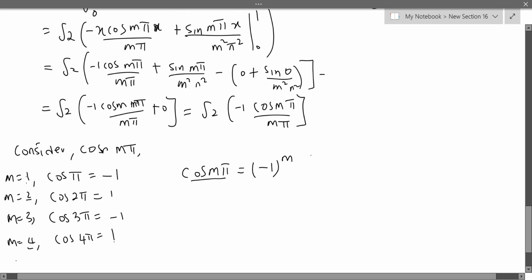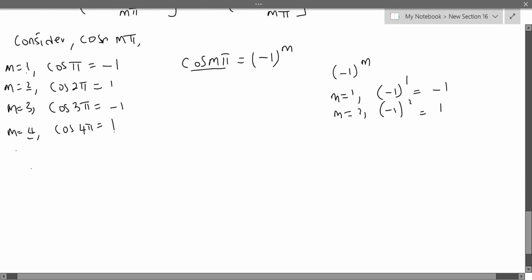That is how this minus 1 raised to the power of m will also behave. So look at it. If m equals 1, minus 1 raised to the power of 1 becomes minus 1. If m equals 2, minus 1 raised to the power of 2 will give you 1, and so on and so forth. You see that it has the same behavior. So instead of writing this cos, we write this.